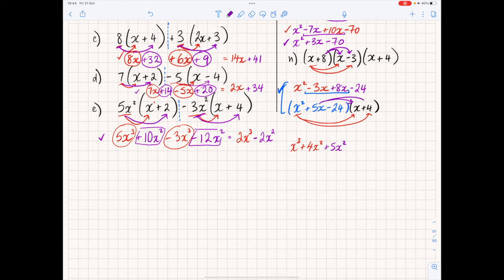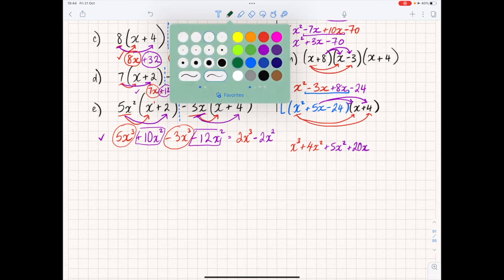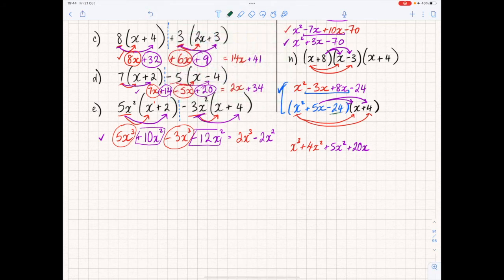And then we do the 5x times the 4, which is plus 20x. Now the last bit we need to tag on to this is you've got to do this minus 24 value multiplied by both parts as well. So you do minus 24 times x, which is minus 24x. And then you do minus 24 times 4, which is minus 96.